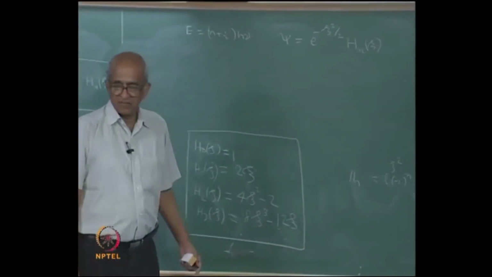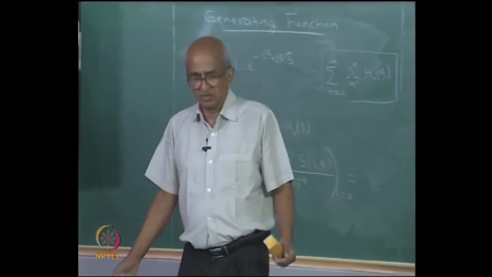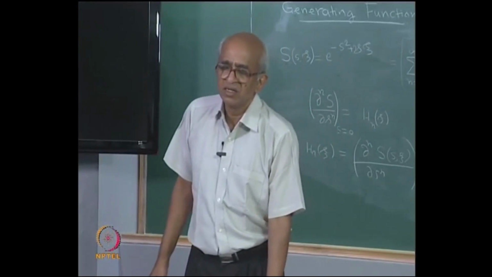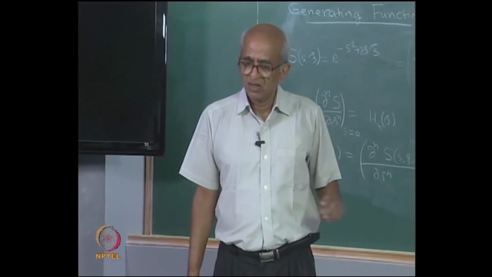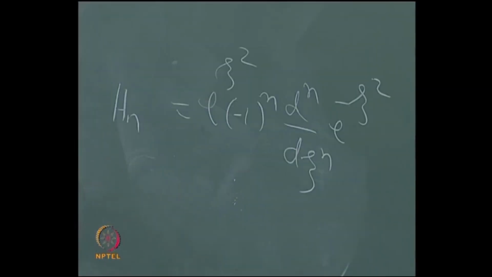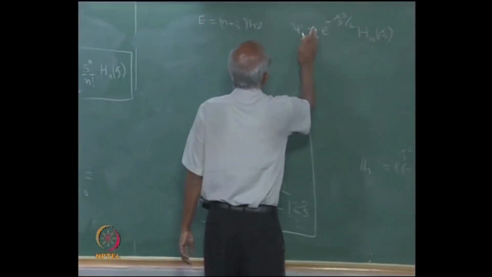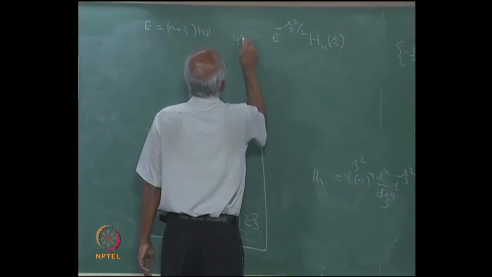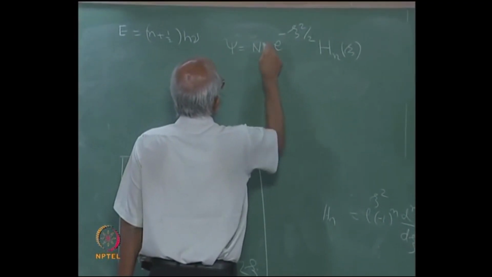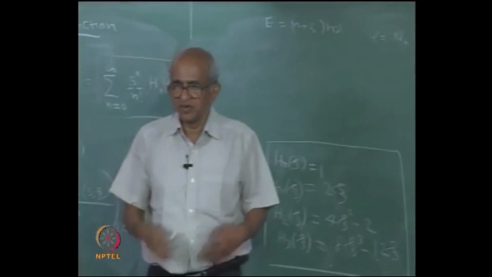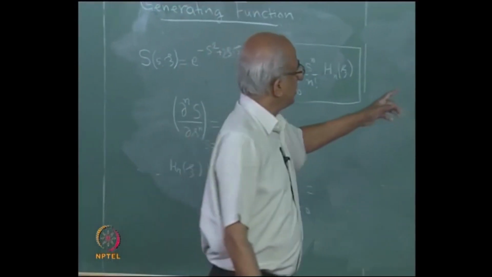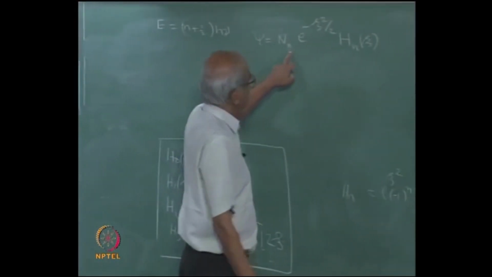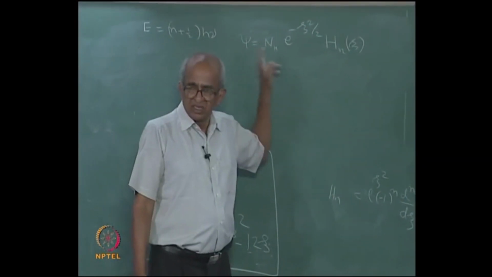But once you have the wave function, what do you do? You try to get physical information out of it. You have to ensure that the function is normalized, and the way this psi is written, it is not normalized. So there will be a normalization factor. I will introduce it now. You give me any wave function, I will normalize it, and the normalization factor will in general depend upon the number n. This number is a quantum number.